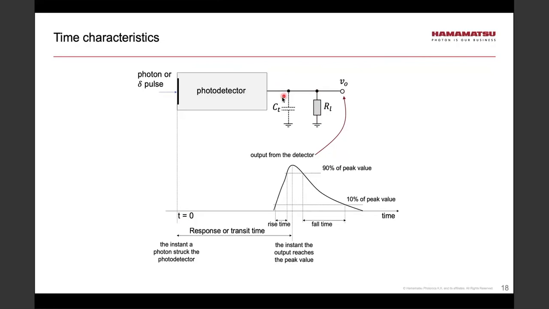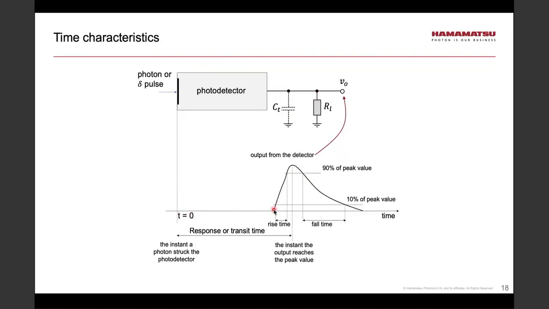I also drew here the terminal capacitance, which is again a part of the photodetector. The first point to note is that the response is not instantaneous. We have to wait some time until the signal appears on the resistor.